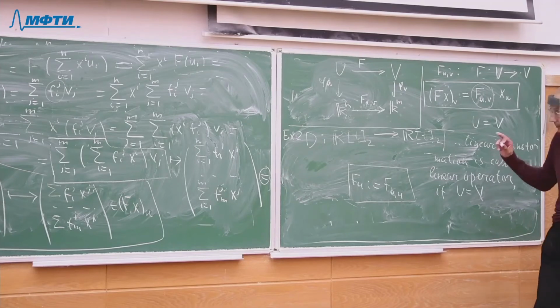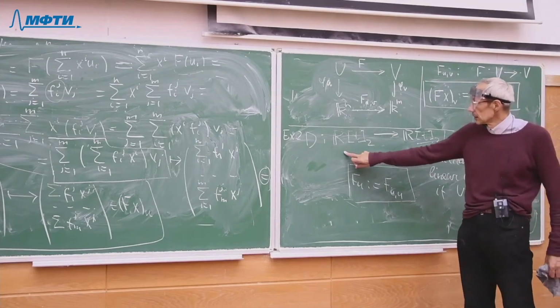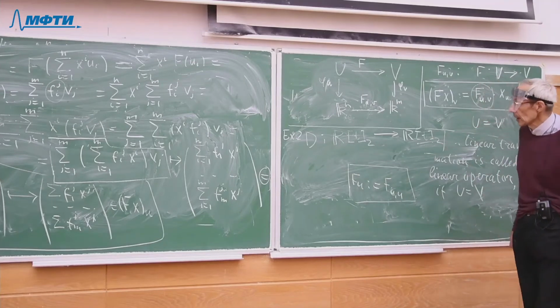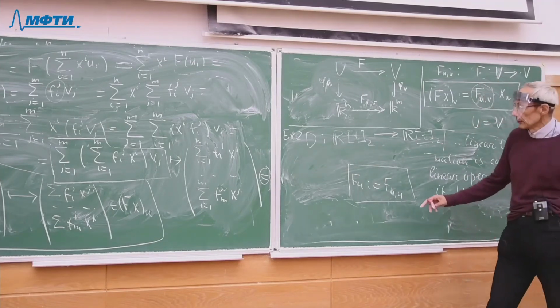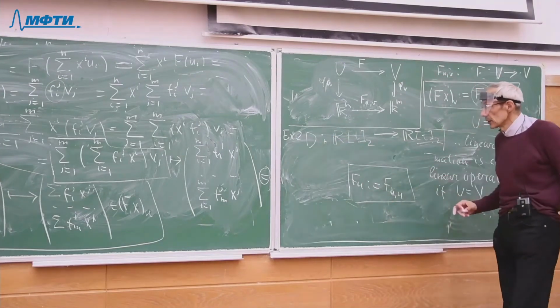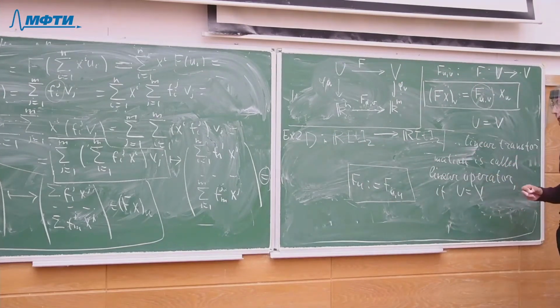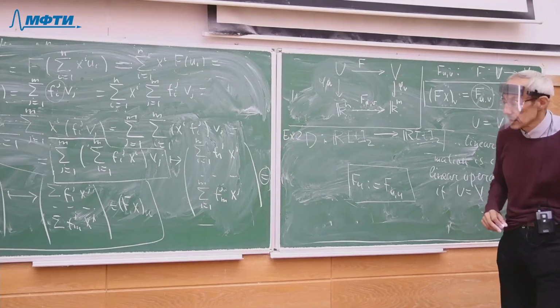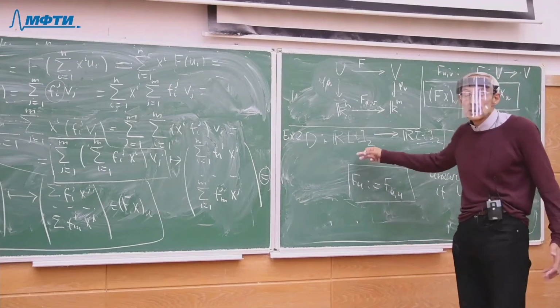And let's turn to our example. We have the linear operator, the derivative, in the polynomial vector space, and let's choose some simple basis in this vector space.